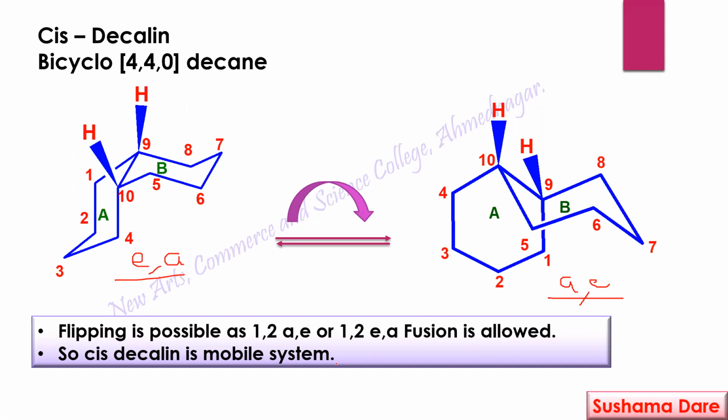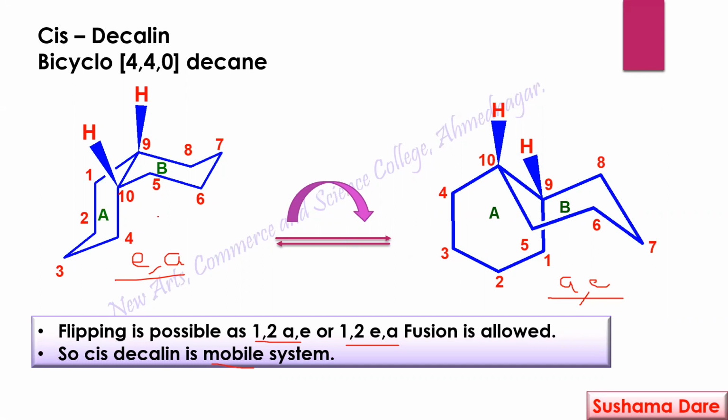You can see here that 1,2-AE or 1,2-EA fusion is allowed. So the cis-decalin system is a mobile system. Mobile means that EA changes to AE and, in reverse, changes back to EA. Both structures have the same energy, therefore these two structures are equally populated.